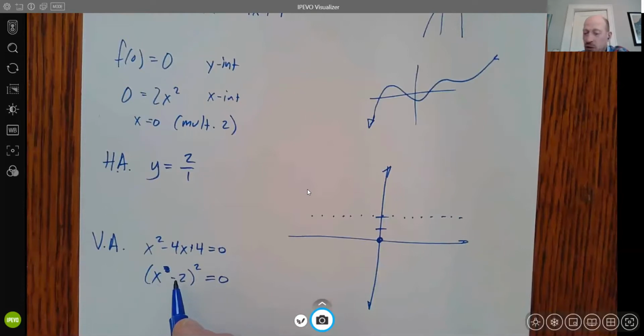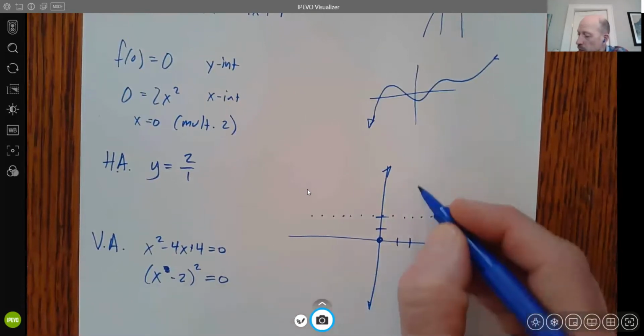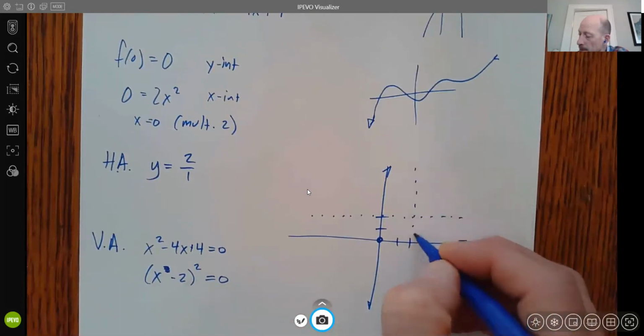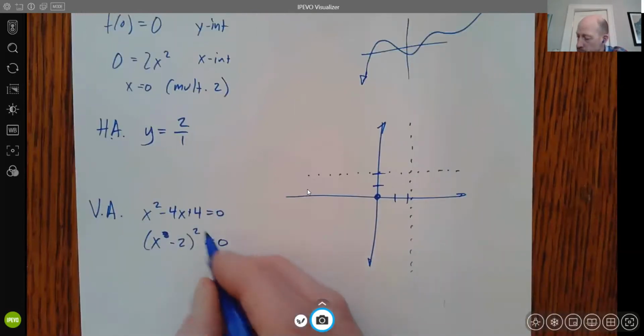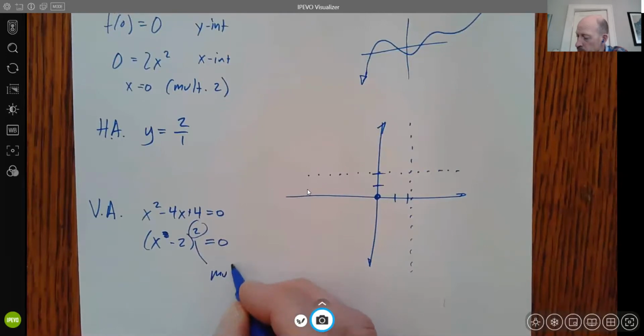So x equals 2 is my vertical asymptote. Notice since it's squared, that's multiplicity 2 as well. So that tells me something about the behavior at that vertical asymptote.